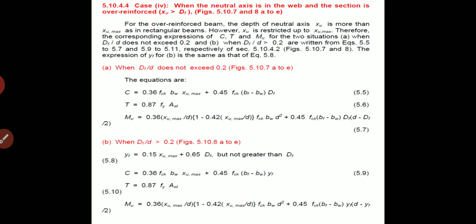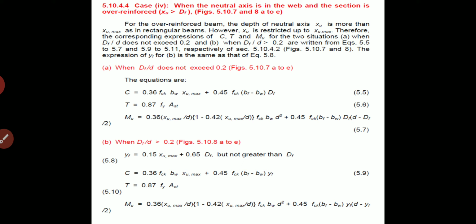Case 4. When the neutral axis is in the web and the section is over reinforced. In this case, Xu greater than Df. For the over reinforced beam, the depth of neutral axis Xu is more than Xu max as in rectangular beams. However, Xu is restricted up to Xu max.